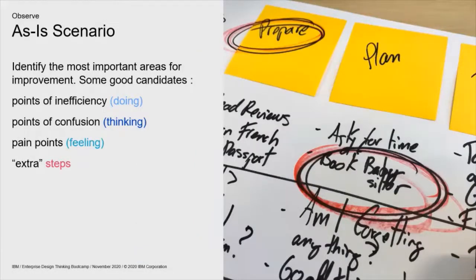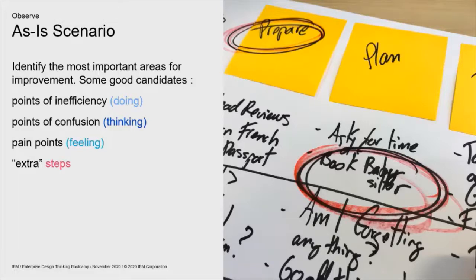So when you look at the as-is scenario, when you're thinking about what they're doing and how you're going to start calling it out, you're thinking about what are the points of inefficiency, right? When you're thinking about what they're thinking, you're thinking about what are points of confusion that you can clarify. And when you're talking about what are the pain points, you're really talking about what are they feeling.